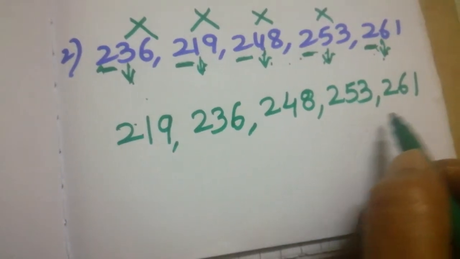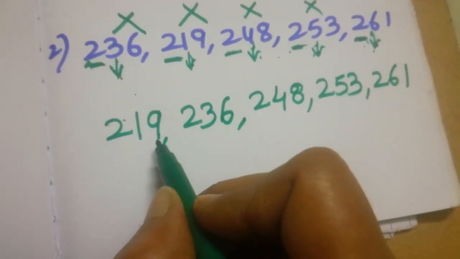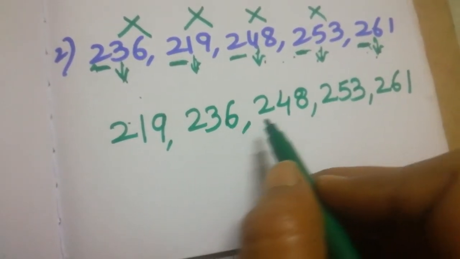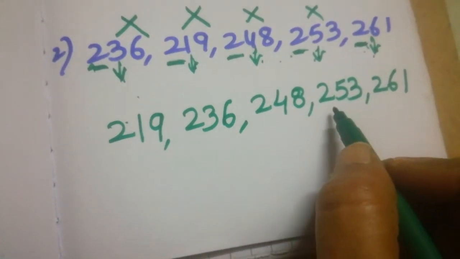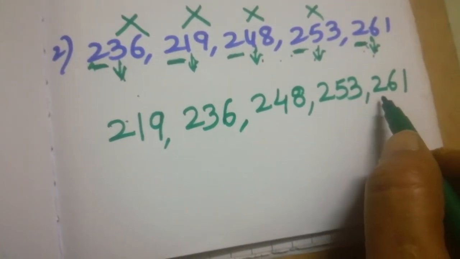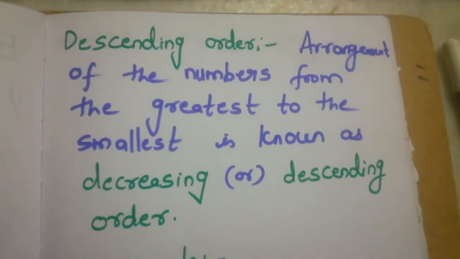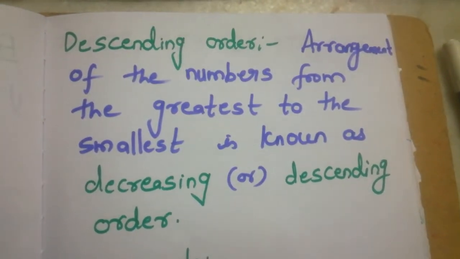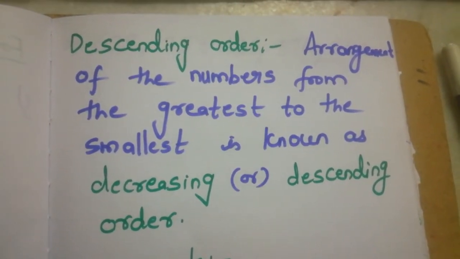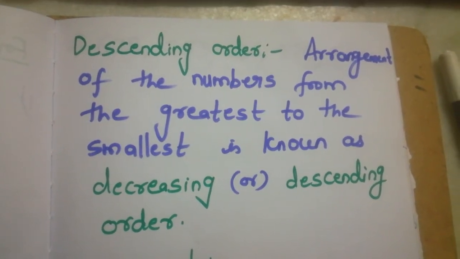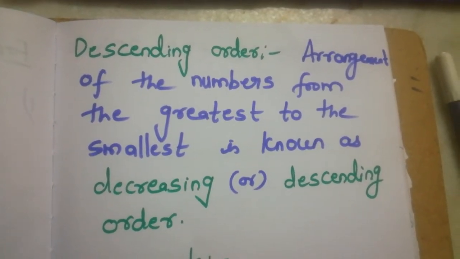So in this way we have arranged. First is 219, 236, 248, 253, 261.